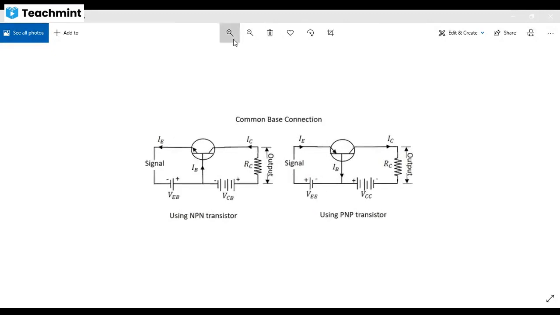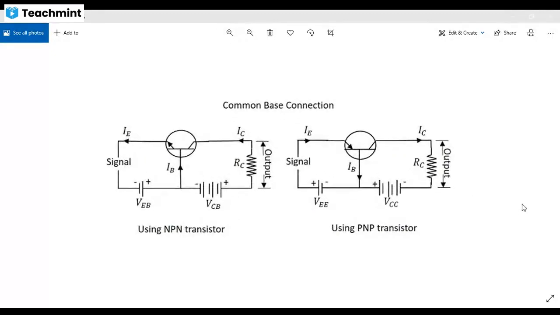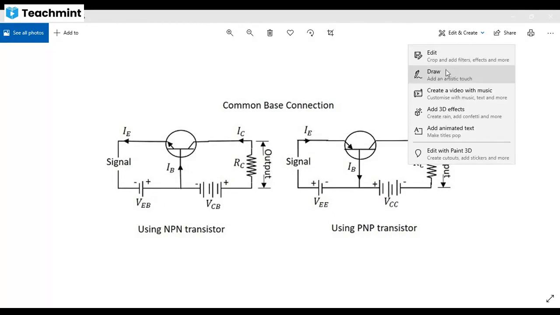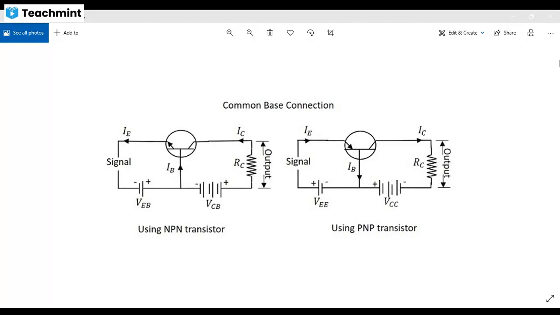If I zoom in a little bit, you will see this is the common base connection.